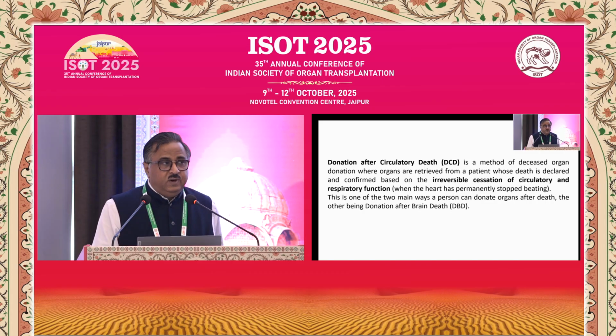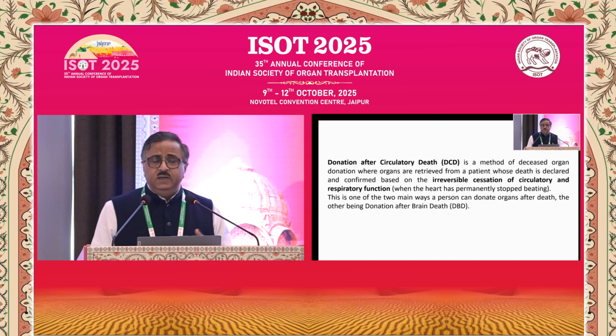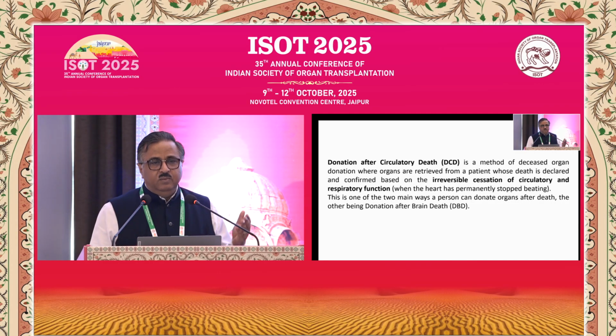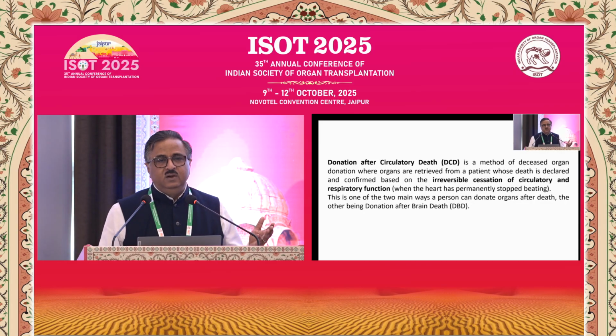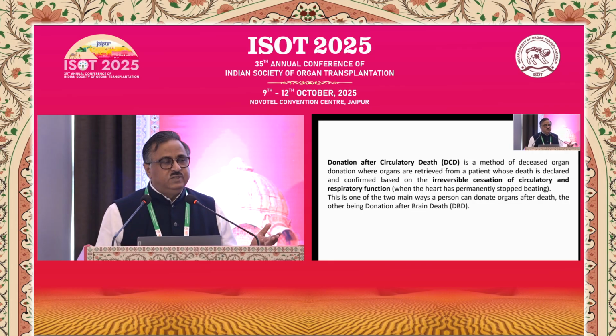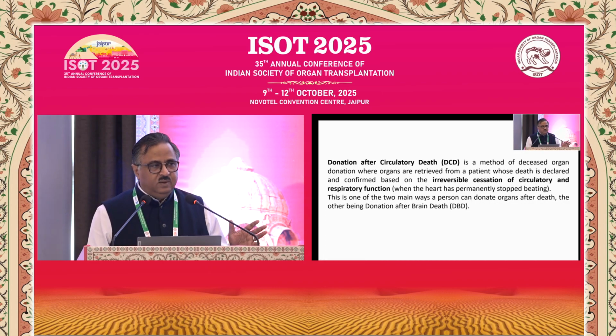And it is different from donation after brain death, because in brain death, what we do is try to certify that the brainstem function is not viable. That means we say that although the circulatory function is there, the patient's brain is non-functional.